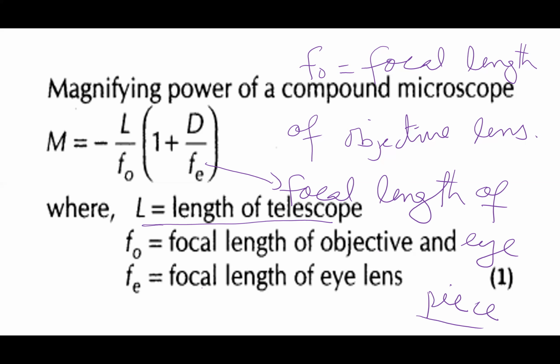L is the distance between the eyepiece and objective lens, the distance between the two lenses. D is the least distance of distinct vision.